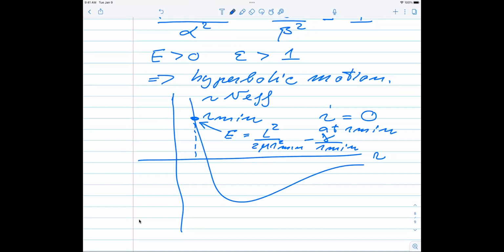So when you have an angular momentum, which is different from zero, that means that the two objects can never get close to each other, because there will be a term which runs like L squared divided by 2 mu multiplied with the radius squared. And that's the one which kicks in at small distances. And that pushes the two objects apart from each other.